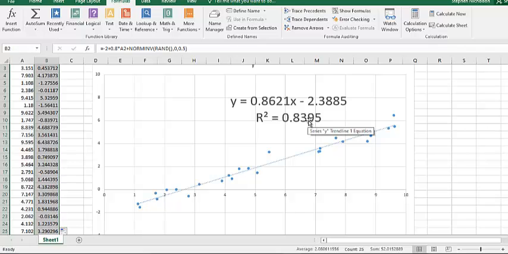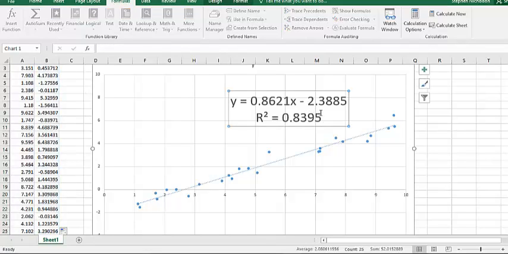I don't know what's going on today. This should change. Hopefully when I reboot my computer, it'll work again. I did this before class. Every time I push calculate now, it should change this equation and r squared, but it's not. So I'll have to demonstrate that next time.